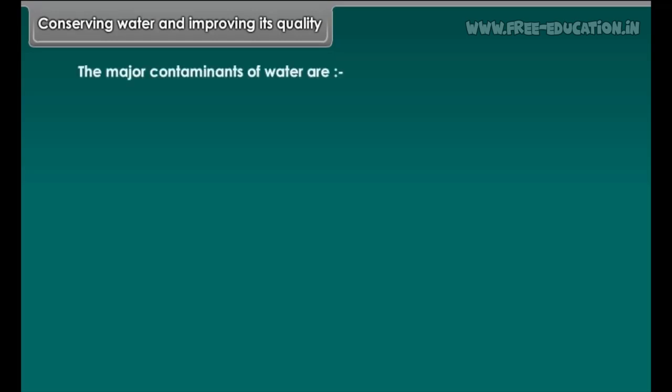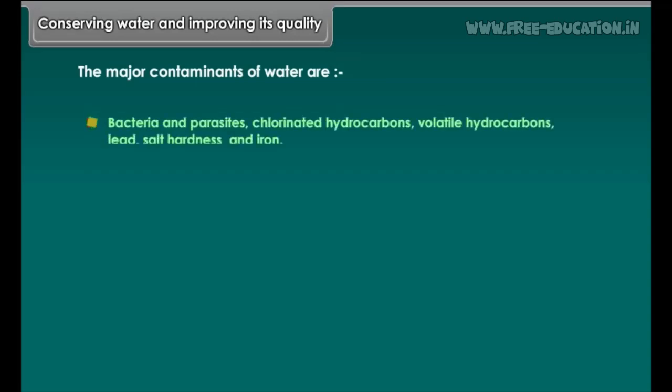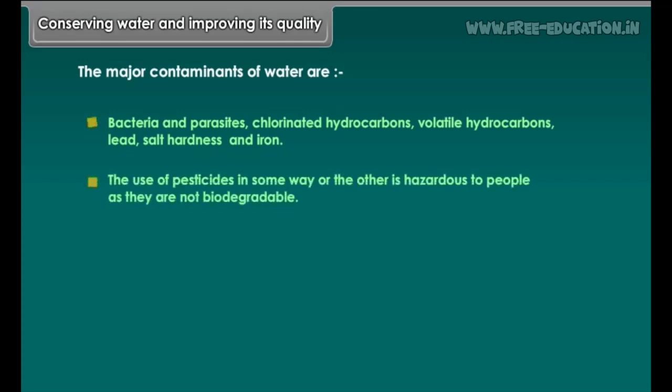The major contaminants of water are bacteria and parasites, chlorinated hydrocarbons, volatile hydrocarbons, lead, salt hardness, and iron. The use of pesticides in some way or the other is hazardous to people as they are not biodegradable.